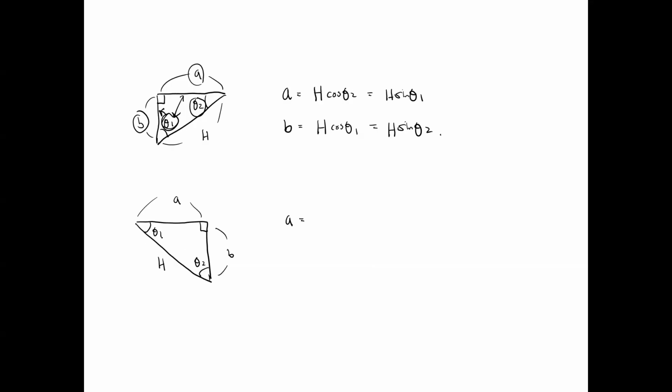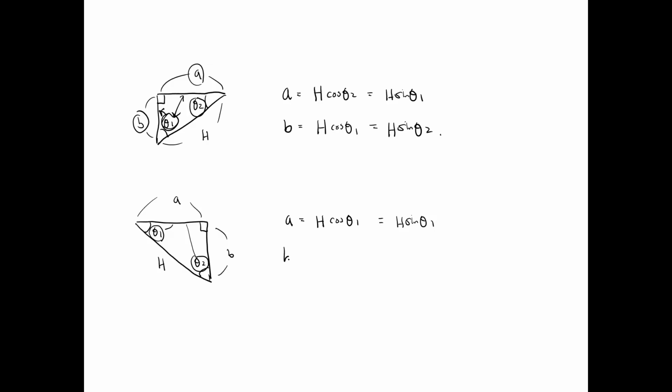If you choose theta 1, A and theta 1 are adjacent. Adjacent, cosine. So hypotenuse first, adjacent cosine, so it's H times cosine theta 1. If you use theta 2 to find A, this is the opposite, right? So then you have a hypotenuse and then sine theta 2.